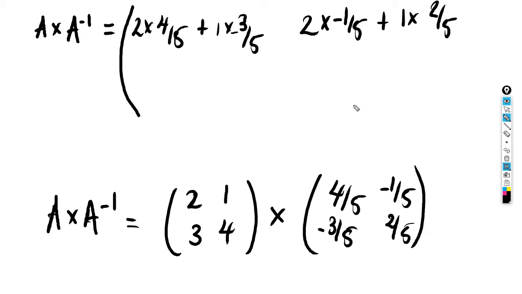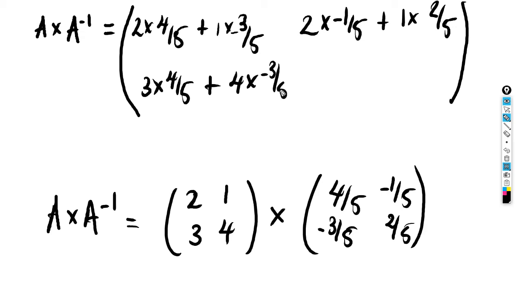The next one is row 2 by column 1, which is 3 times 4 over 5 plus 4 times negative 3 over 5. And the last one is row 2 by column 2, which is 3 times negative 1 over 5 plus 4 times 2 over 5.